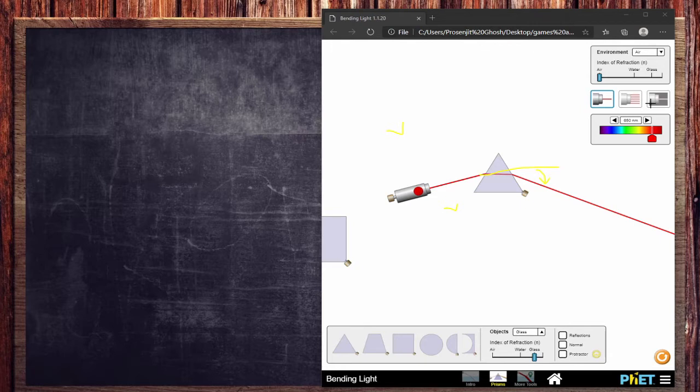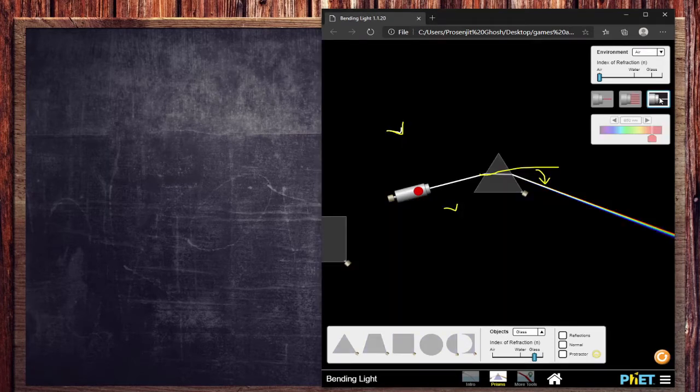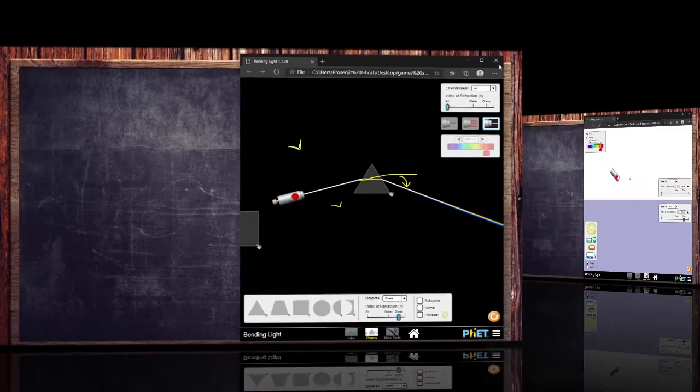If I show you with white light, see, it's making the spectrum of a rainbow over here. So this thing is called deviation of ray. But that is just the idea. We have to perform it mathematically.